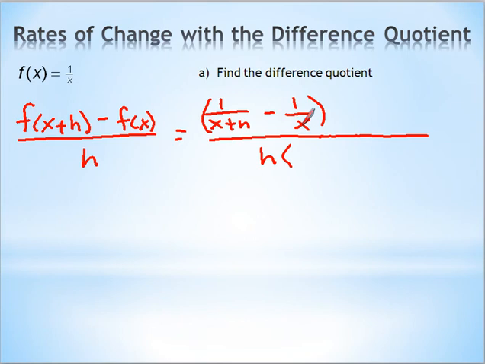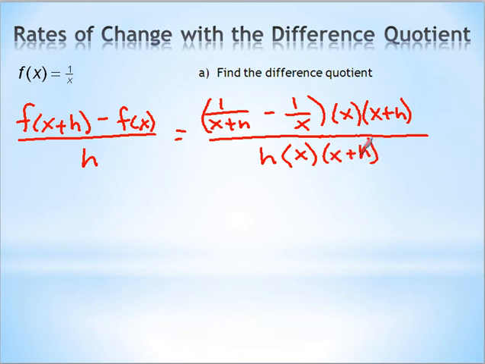I'm going to multiply the numerator by both of these little denominators. In other words, I'm finding the least common denominator of these two smaller fractions, and that denominator is going to be x times x plus h. And in the denominator I need to multiply by x times x plus h as well.